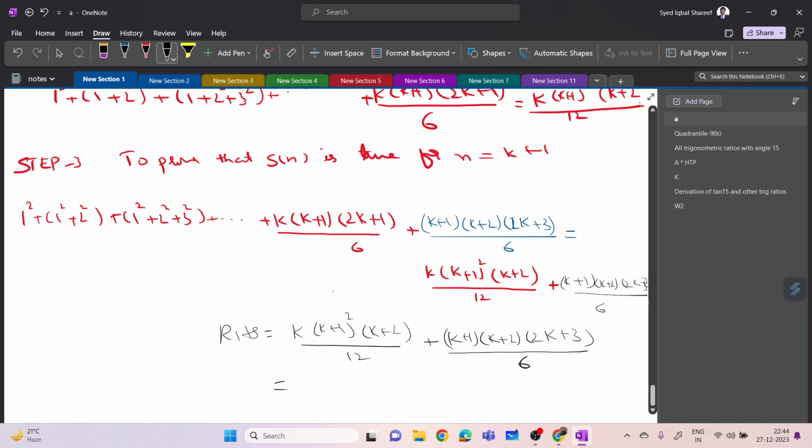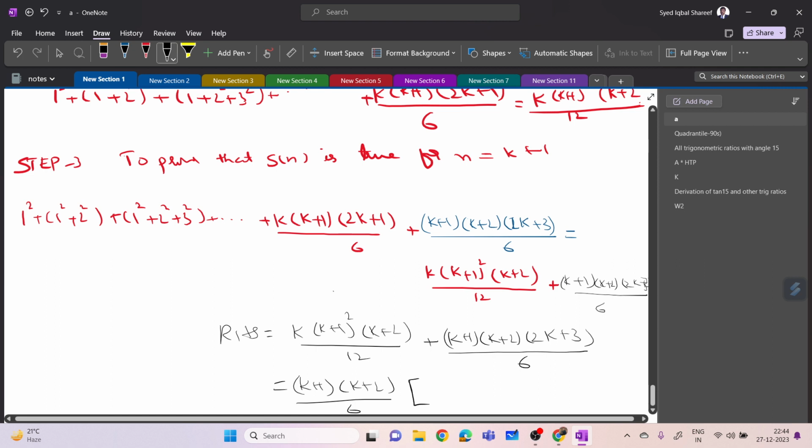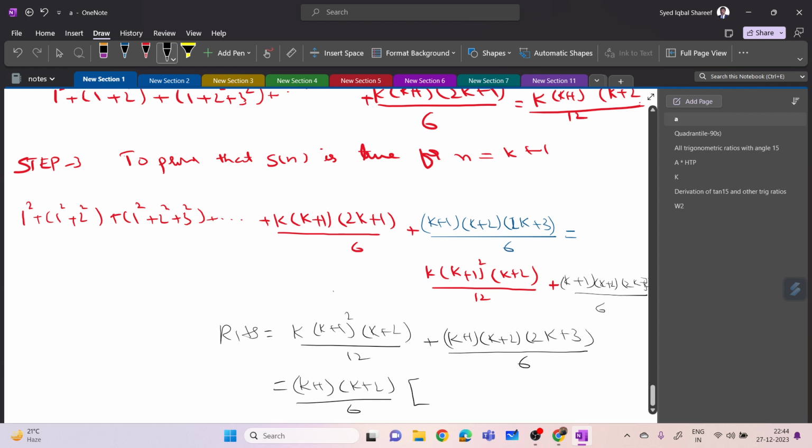So this is equal to, this we can take k plus 1, k plus 2 by 6 common. This k plus 1, k plus 2 we have taken. So k into k plus 1 by 2. And this 6 you have taken common, k plus 1 you have taken common, this will be 2k plus 3. Okay.